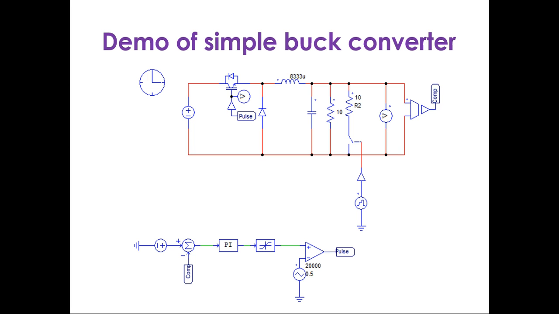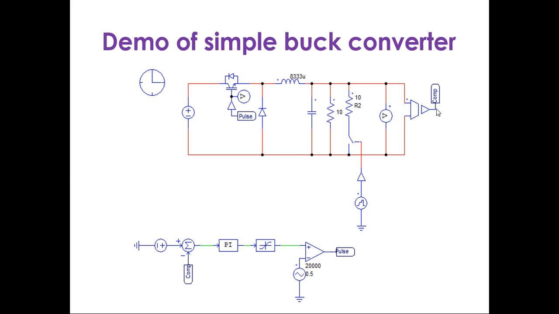We are having some input voltage over here. This is the configuration of the buck converter. One diode is provided to not allow reverse power flow, then the LC tank network, load, and some measurement units. We also have a closed loop converter.